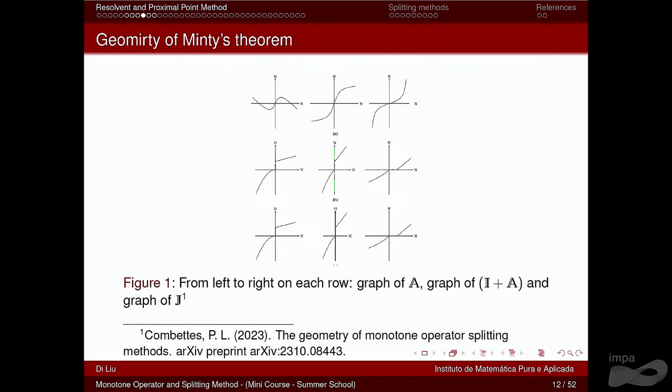Since A is maximal monotone, the range of A plus I is the whole space, and then the domain of the resolvent is the whole space.